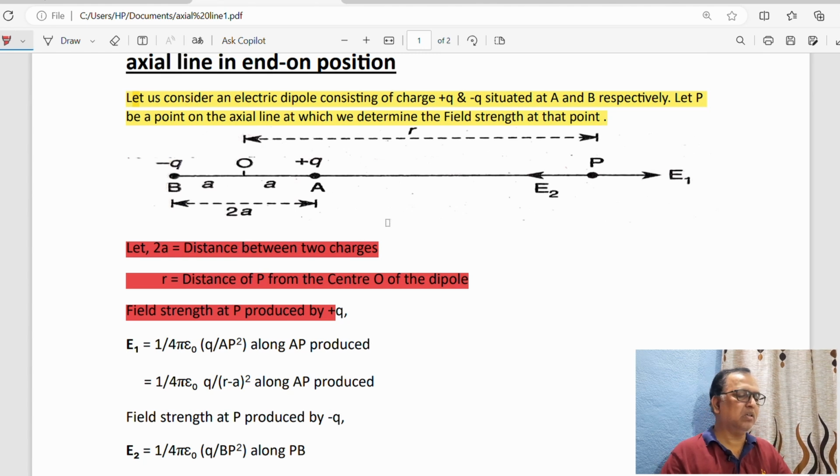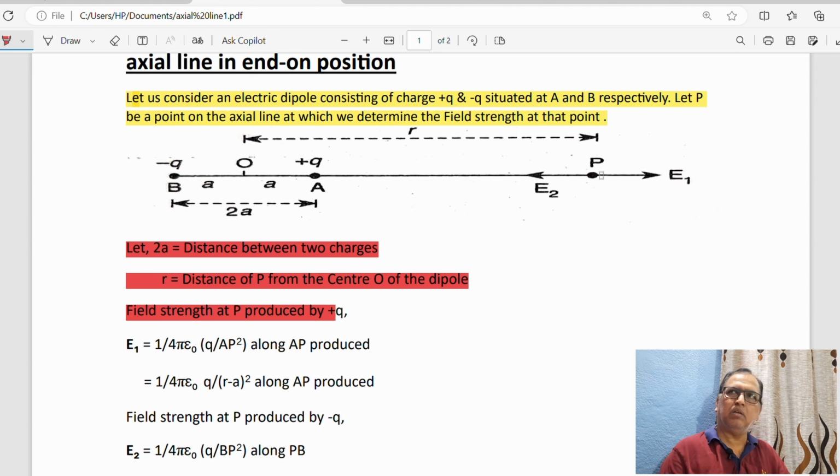So now at first we find out E1. What is E1? E1 is the field strength at P produced by plus q. The formula for E1 is 1 by 4 pi epsilon naught q by AP square, along AP produced.